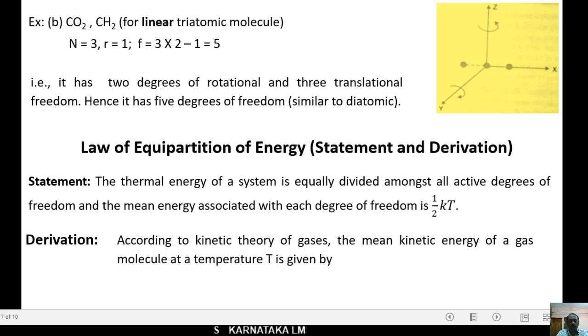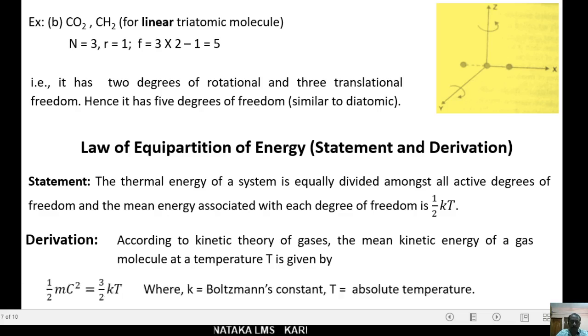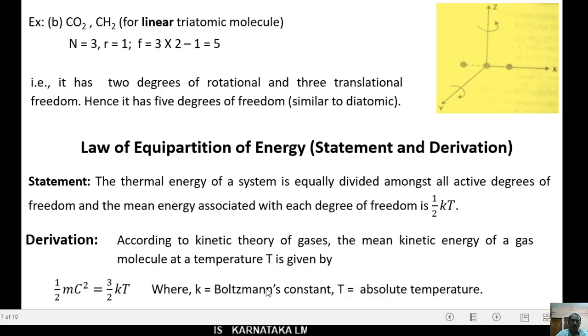According to the kinetic theory of gases, the mean kinetic energy of a gas molecule at a temperature T is given by 1/2 mc square equals 3/2 kT, where m is the mass of the molecule, c is the velocity of the molecule, k is the Boltzmann constant and T is the absolute temperature of the system.